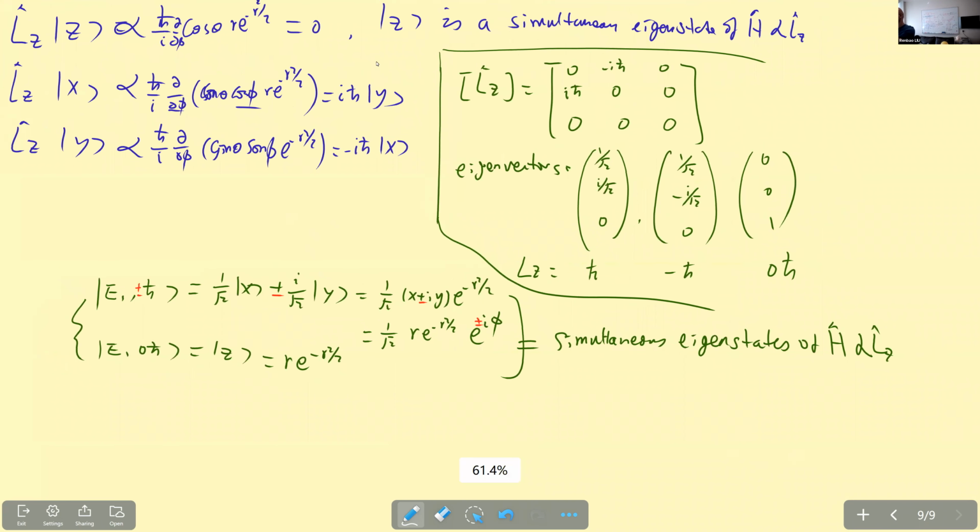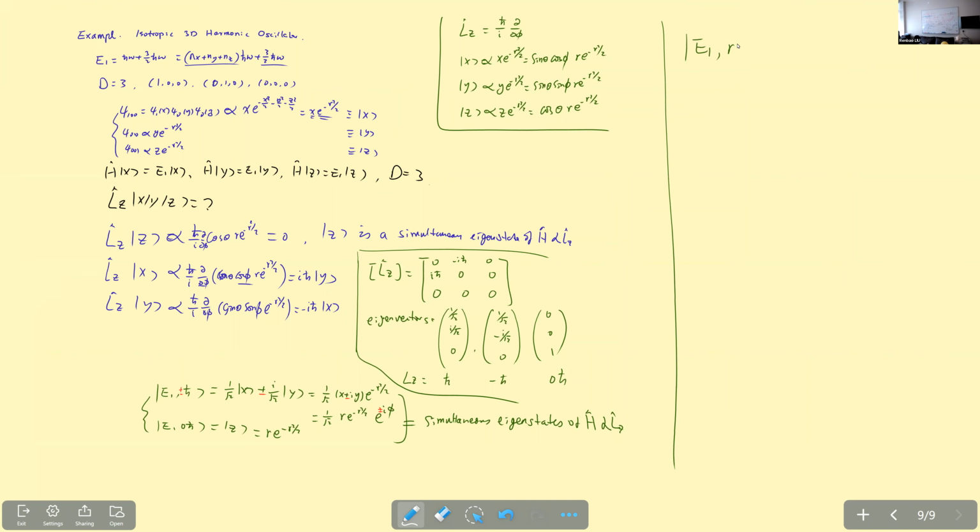So you can write down this one basically as E1 m times h bar proportional to r e to minus r squared over 2 e to plus i m phi, for m equals 0 or plus minus 1. Okay, right? And this is conserved, right? Because these are eigenstates of this one, and so you have these to be stationary states.